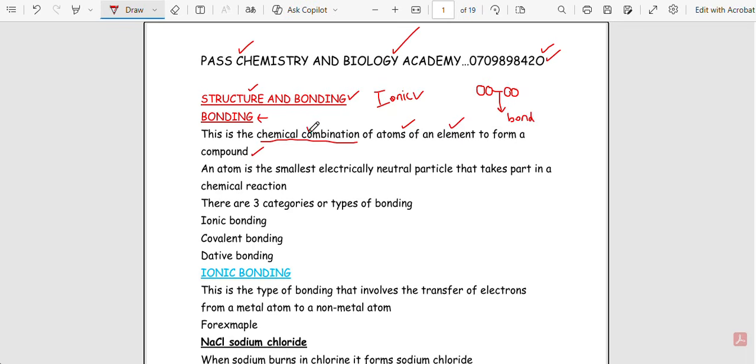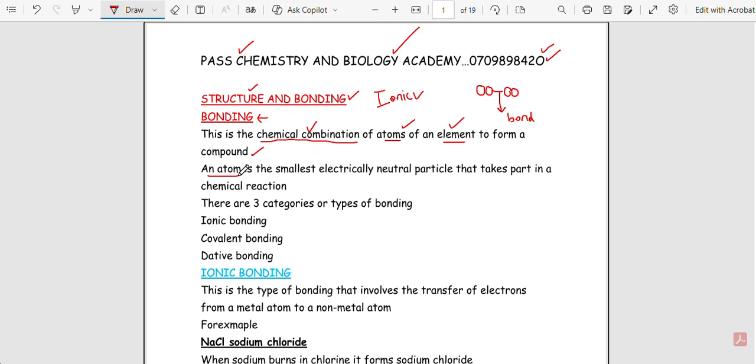So bonding is a chemical combination of atoms of an element to form a compound. What takes part during a chemical reaction, which here we are calling bonding? It is the atom that takes part. Not an element, but the atom of the element takes part during a chemical reaction.